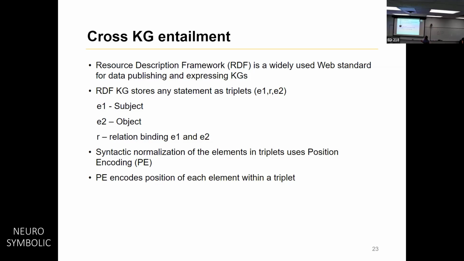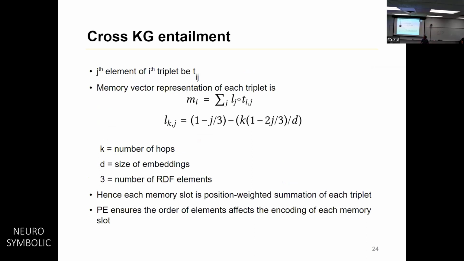In the syntactic normalization, when they normalize these triplets, they do it based on position. Next slide. Take an element j in a triplet i, where each element of the triplet is represented by d_ij.